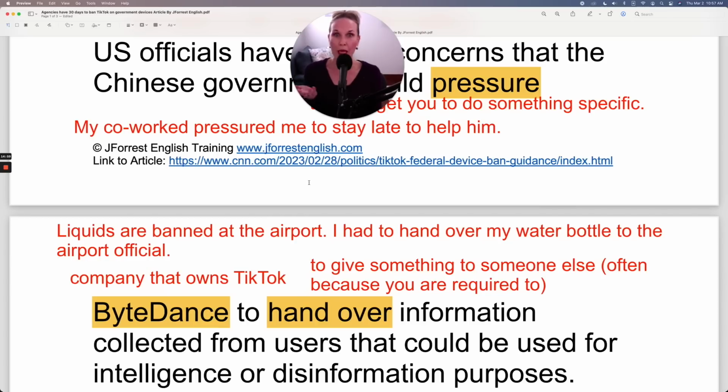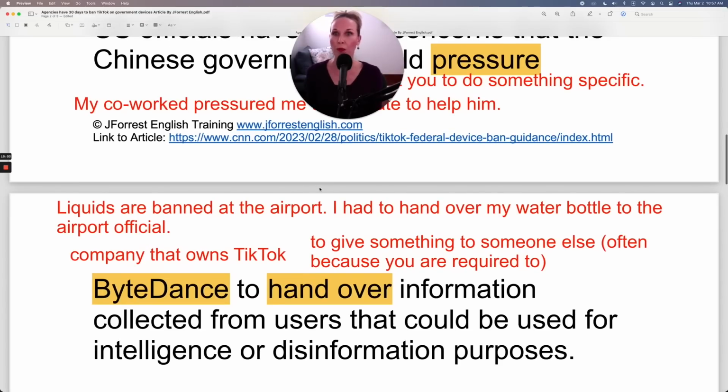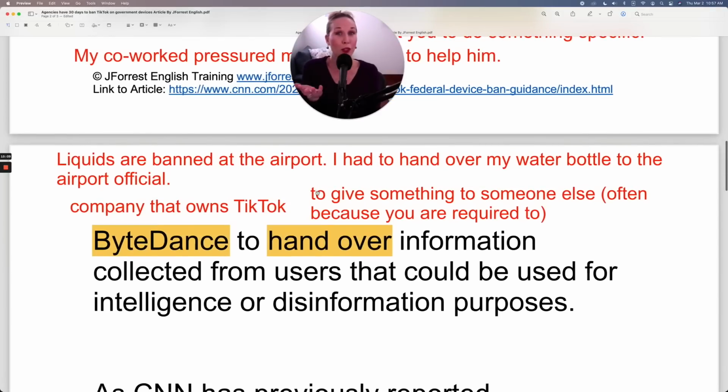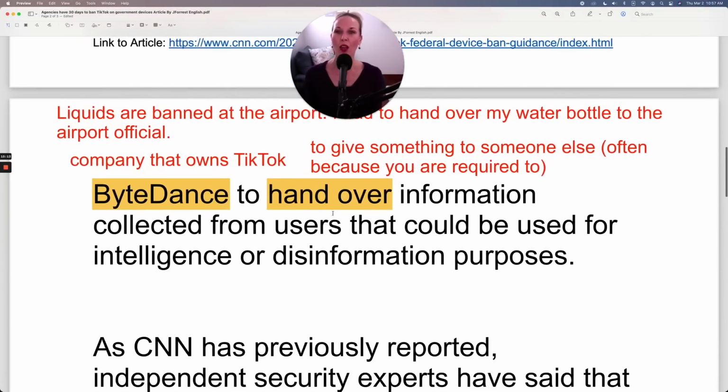Well, maybe the Chinese government will somehow cause problems for them if they don't. I'm not sure. I just shared that as an example. If you have an idea, feel free to share it in the comments. Hand over information collected from users. So of course, to hand over your personal information that they get because you use the app TikTok.